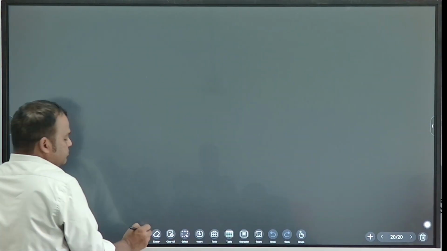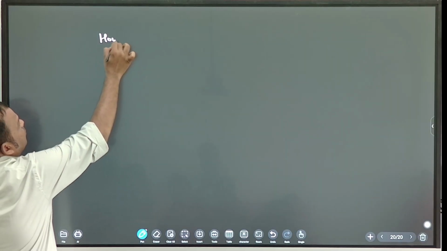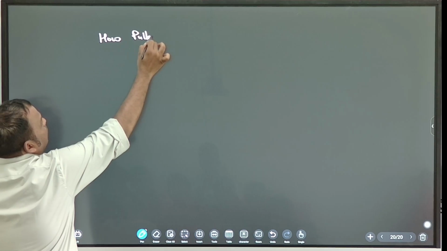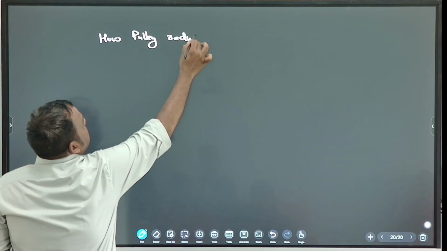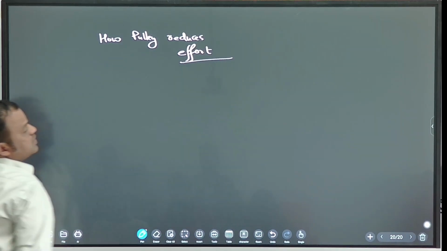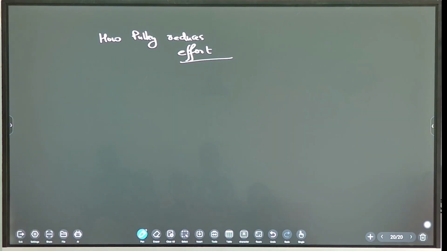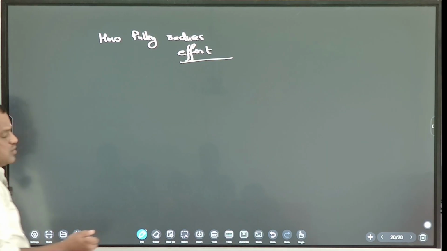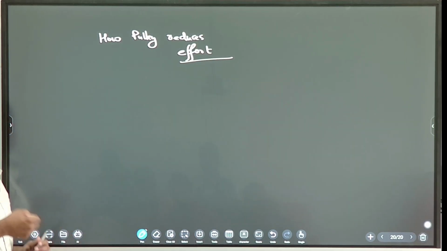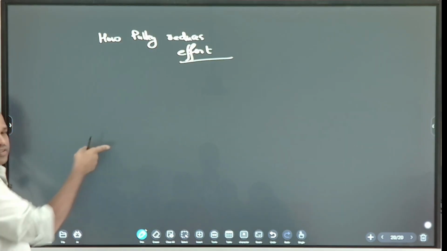Okay, next. Let's take one example. You can note down how a pulley reduces effort. Effort means, suppose you want to lift something, so effort, meaning energy, is required. I will give one example. It is given in NCERT also.